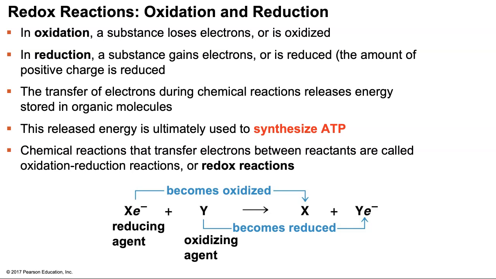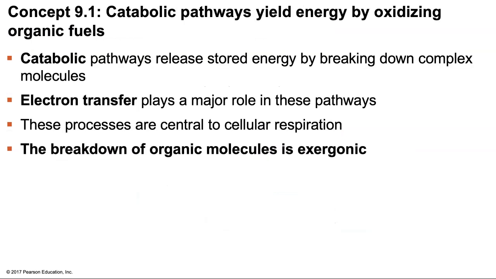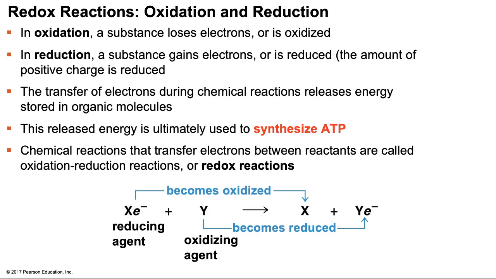I just mentioned that in the previous slide, where we're talking about the breakdown of glucose, and we're going to be yielding energy by oxidizing organic fuels, by breaking them apart, the glucose, and they're going to be losing electrons. So oxidation is the loss of electrons, and that molecule will then be, quote unquote, oxidized.